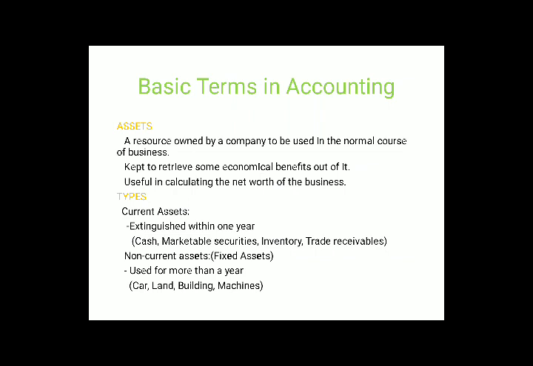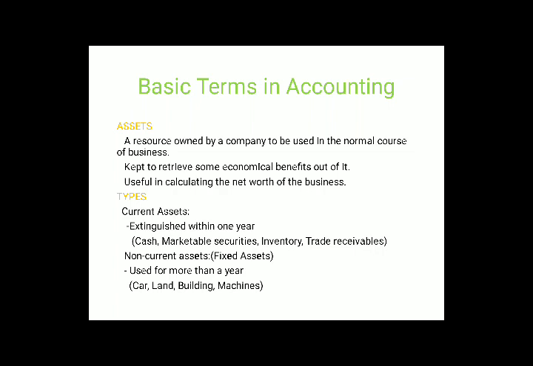For example, if a company wants to purchase land, it might get the land for free, or it should pay some kind of money to acquire that land. Those kinds of resources that companies acquire in the normal course of business are called assets. The assets are kept to retrieve some economic benefit out of them.